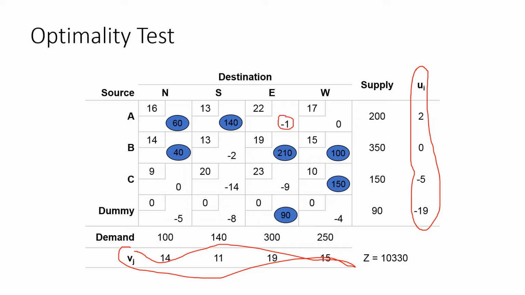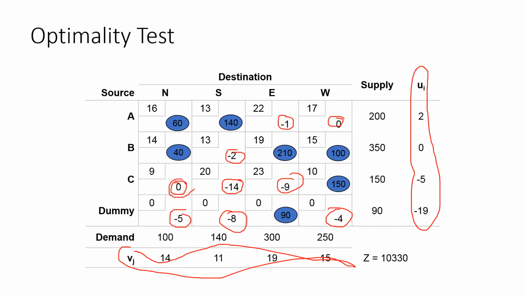We have -1, we have 0, we have -2, we have 0, we have -14, -9, -4, -8, and -5, which means there are no positive c prime ij's, which means that the problem is optimal. For the zeros, for now, just ignore them.